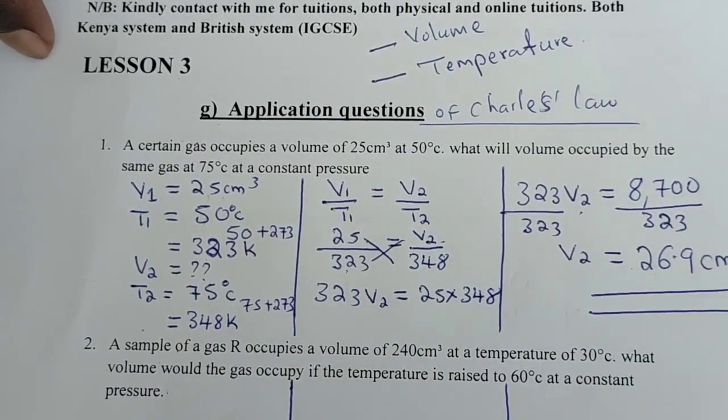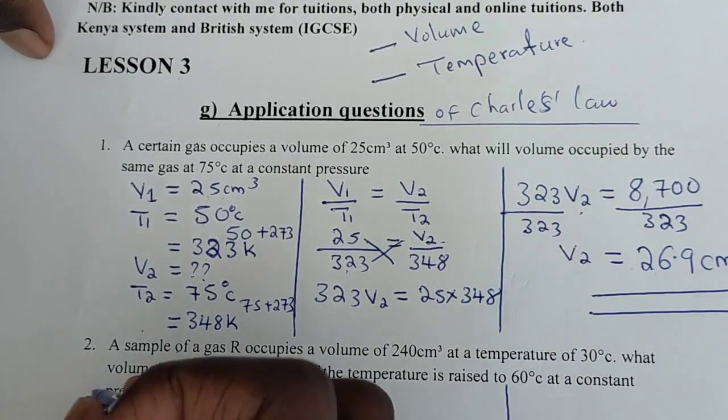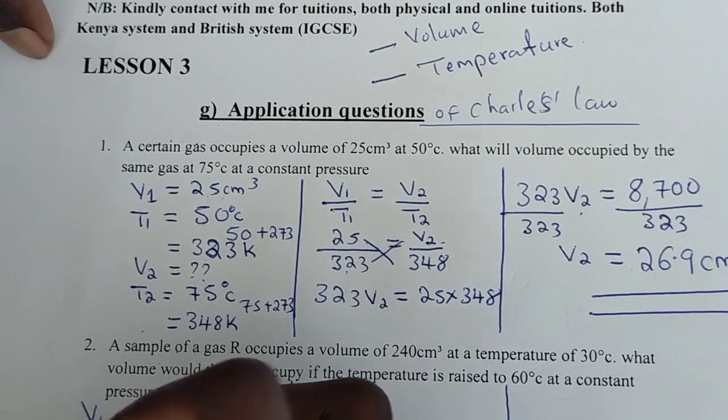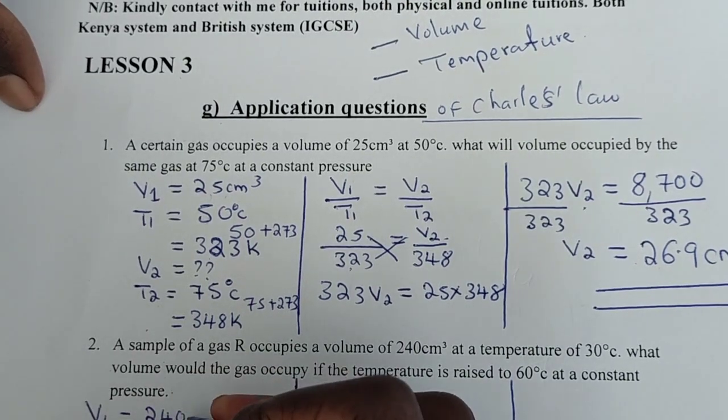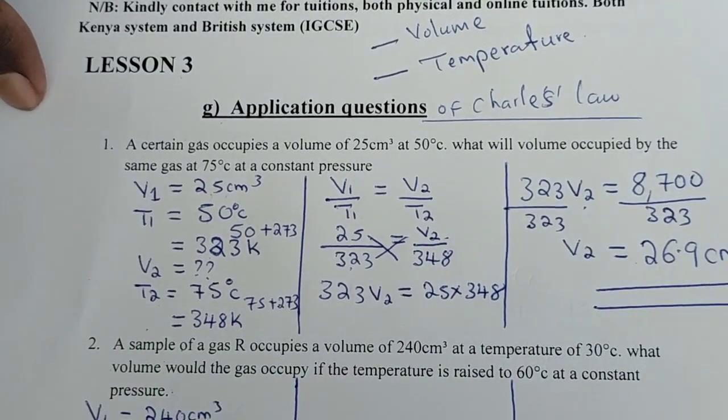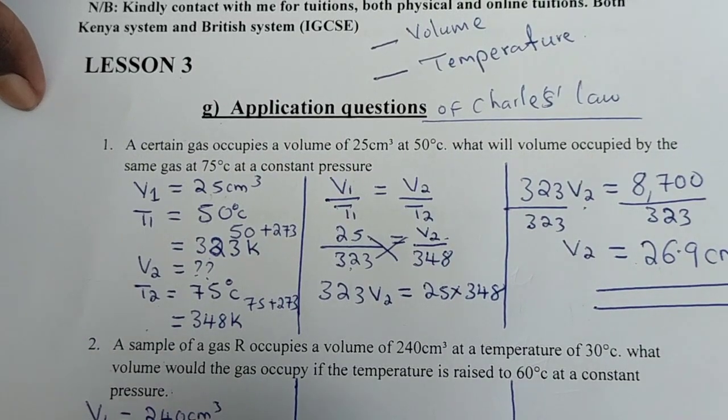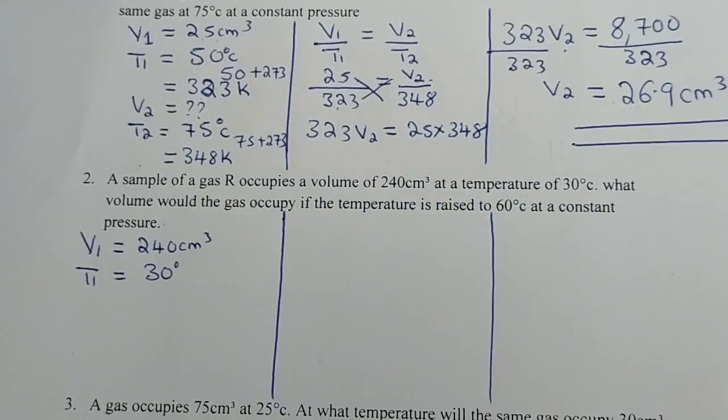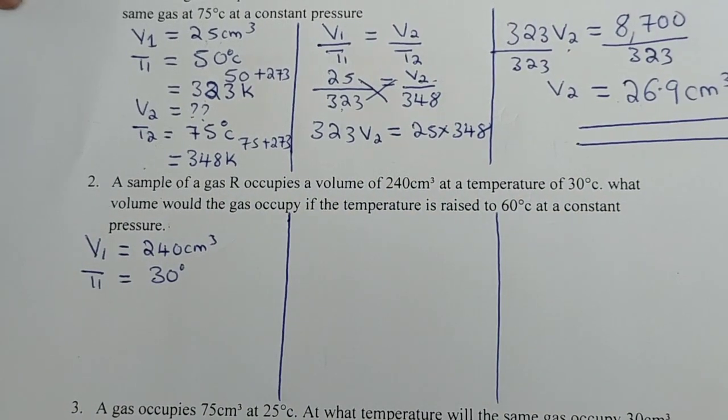We have question 2 here. A sample of gas R occupies a volume of 240, that is volume 1. We have 240 centimeter cubic at a temperature of 30, meaning temperature 1, we have 30 degrees. Always the temperature in Charles law is expressed in Kelvin.